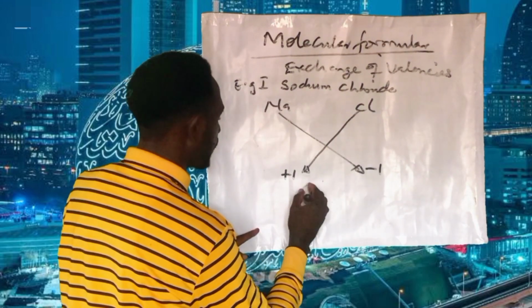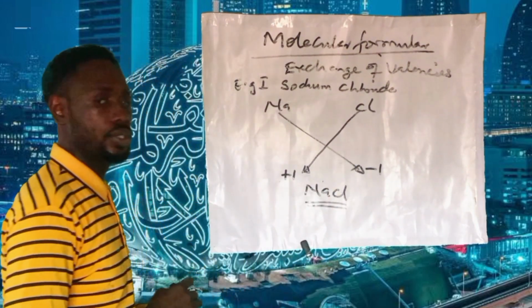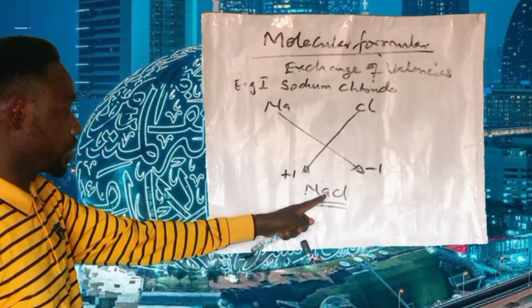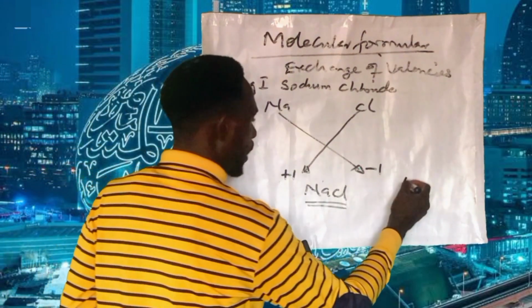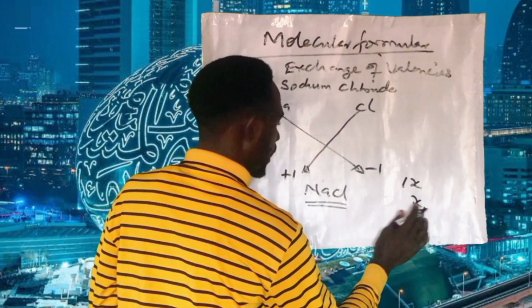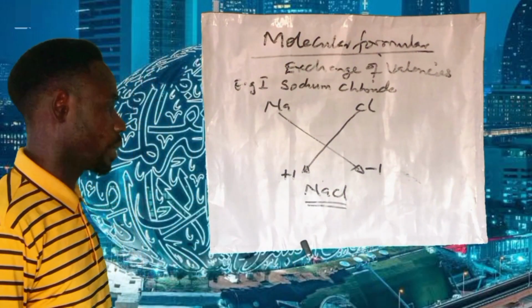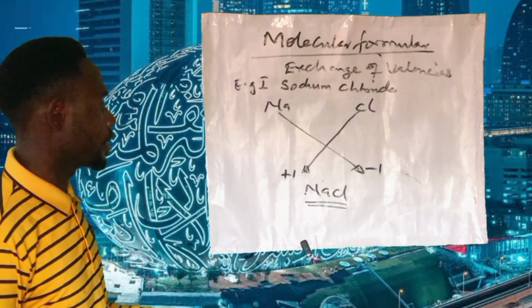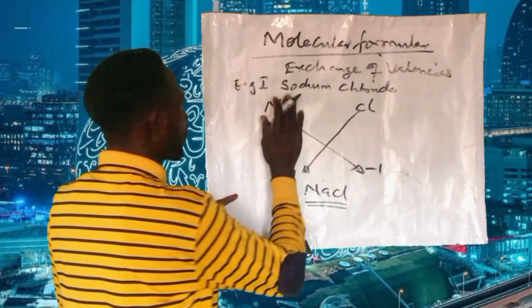The formula is NaCl, because NaCl means Na1 and Cl1. Nobody writes 1x or x1, unless you want to differentiate it from the other ones that are x2. So this is the formula for sodium chloride. In other words, we exchange valency without exchanging the charges. So we take a look at another example.